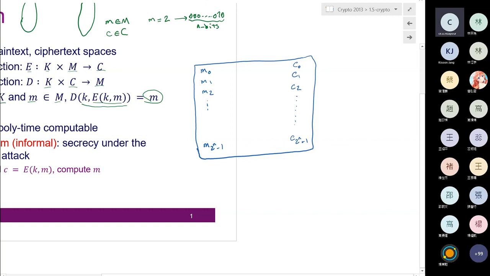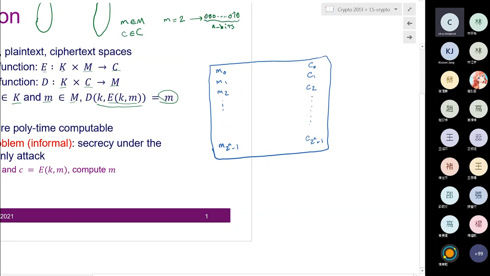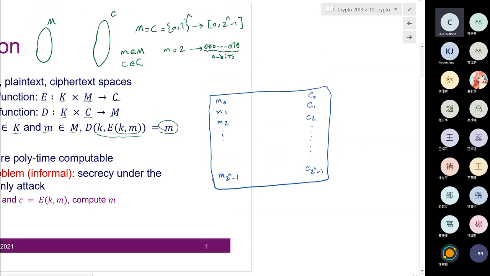When we are talking about encryption and decryption, we are actually talking about a mapping. Maybe we would have many different keys. This is the message space, and this is the ciphertext space. The encryption with the key K that is chosen would take a message and map it to the ciphertext space. And the decryption function with the same key would take the same element and map it back to the message space.